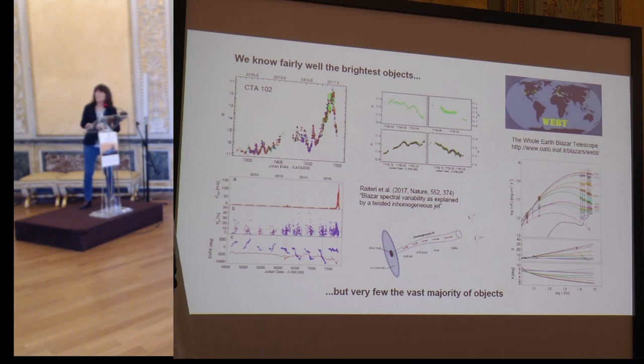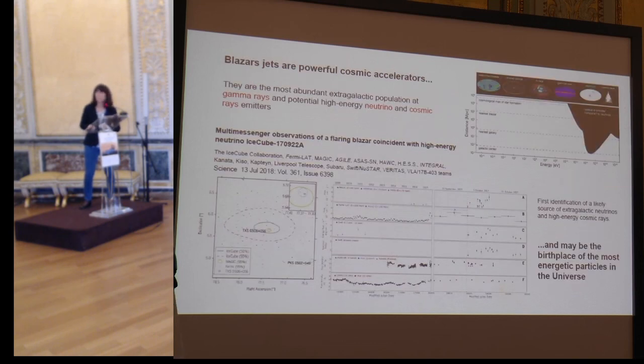And we get nicely sampled light curves, even on intraday timescales. We can follow also the polarized behavior. We can have a lot of multi-wavelength data, and we can give a nice interpretation of what is happening. But we lack deep knowledge of the vast majority of the population.